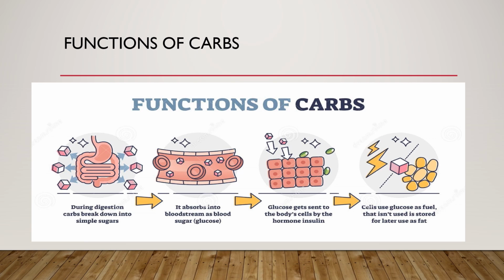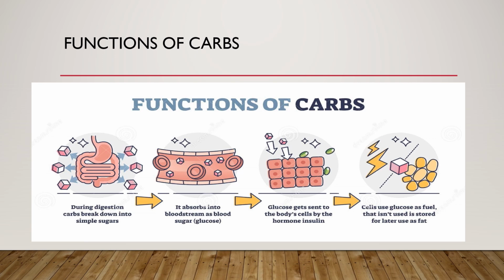Now cells use glucose as fuel, and what isn't used is stored for later as fat. So the cells use glucose as fuel, and if they get enough fuel and there's unused glucose, all of that is stored in fat form in your body.